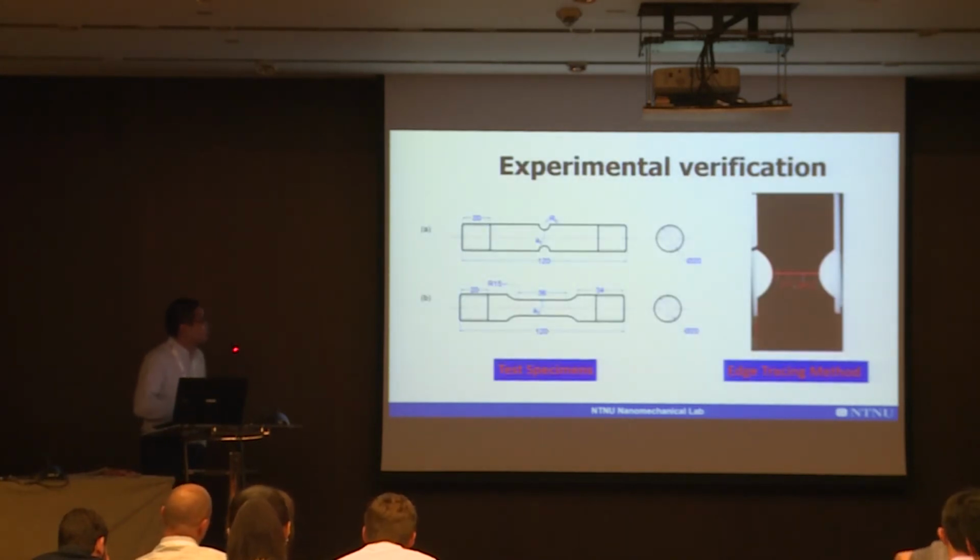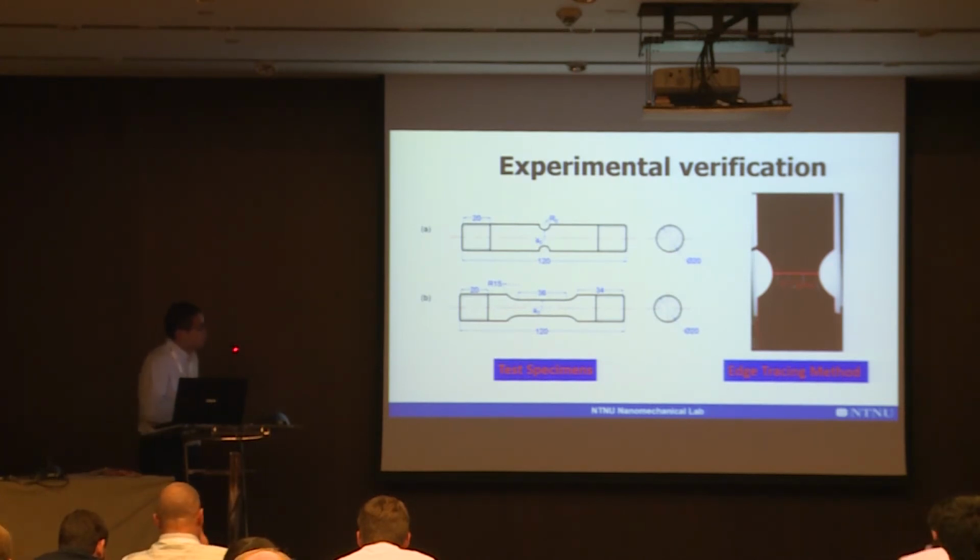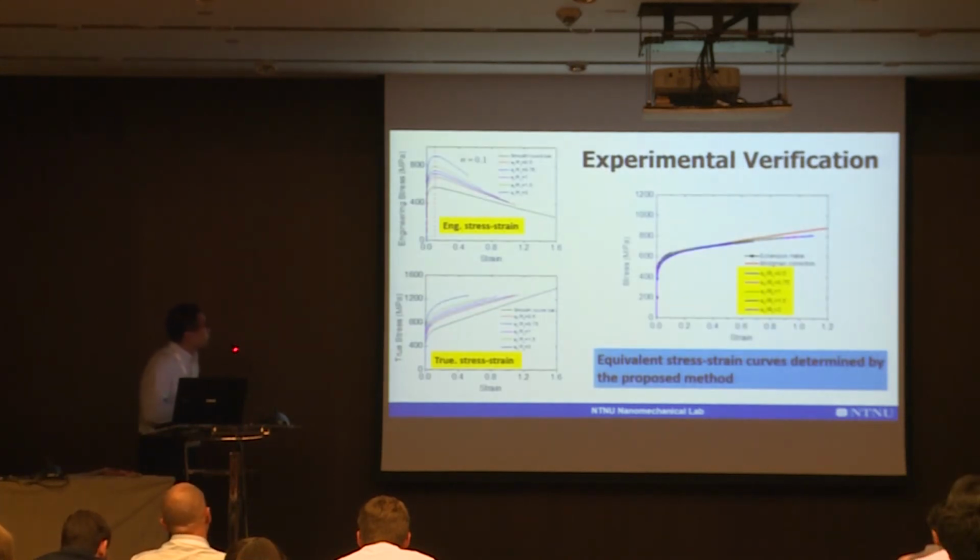And we also verified this method by performing tensile tests with smooth round bar specimens and notched specimens. And pay attention, for this test, we use a so-called edge tracing method. With this method, we can capture the deformation of the specimen during the test, and also we can measure the minimum cross-section diameter accurately. And here in this figure, I present the engineering stress strain curve from this test.